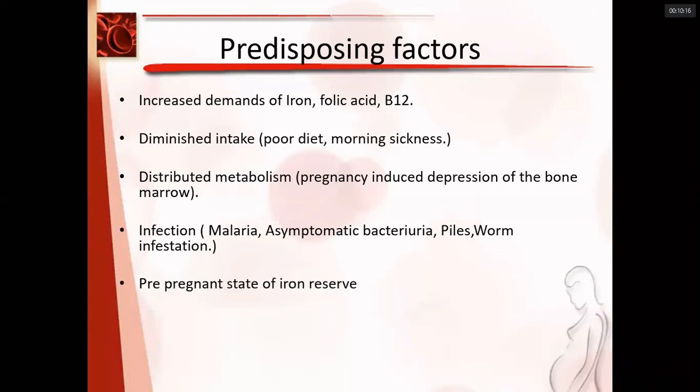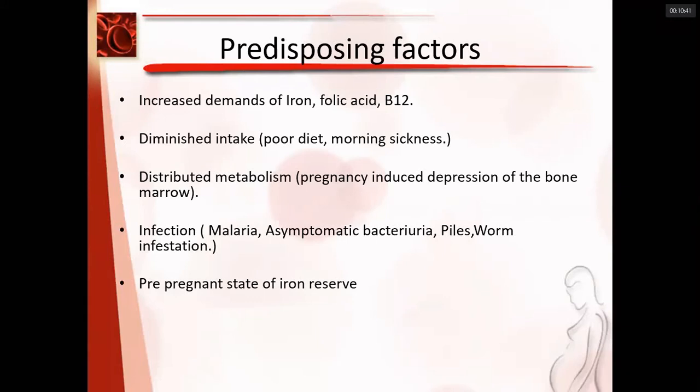Another predisposing factor is the pre-pregnant state of iron reserve. In our context, even in non-pregnant females, the baseline hemoglobin is far lower than required because of poor nutrition, and most women do not seek advice if they have heavy bleeding during menses, hence their blood loss during menses is more.